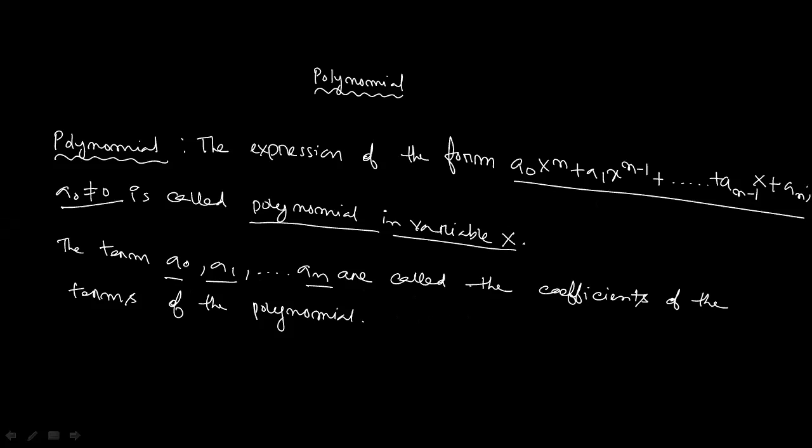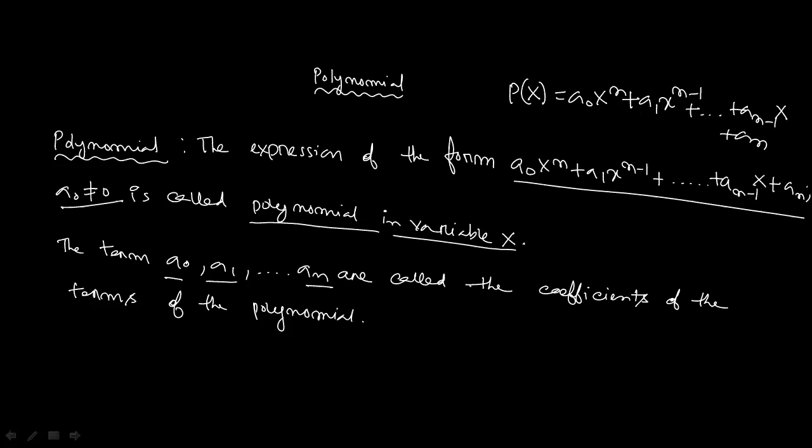Now see here, we know that the highest power of x, that means the variable x, in a polynomial px is known as px. It is a polynomial in variable x, so we can denote this as px. Px equal to a0 x to the power n plus a1 x to the power n minus 1 plus a n minus 1 x plus an.